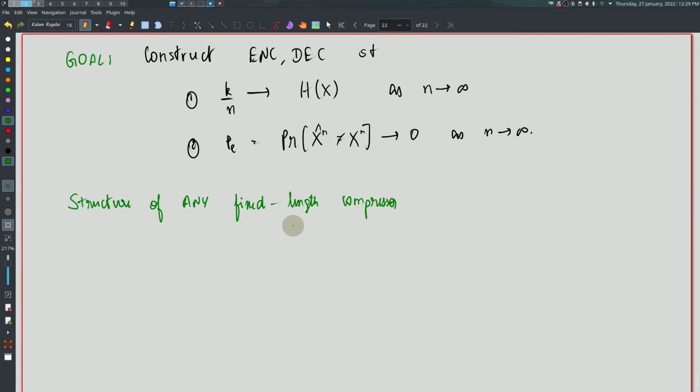Remember that the only way we are measuring the performance of any compressor is using these two parameters, k over n, and the probability of error. We don't really care how exactly the compressor is constructed. There could be different ways of constructing compression schemes with the same k over n and the same probability of error, but that doesn't matter. All of them are equivalent to us.